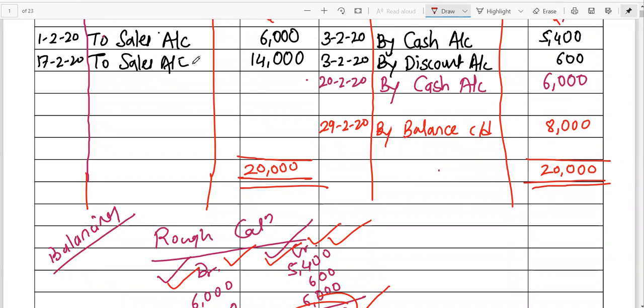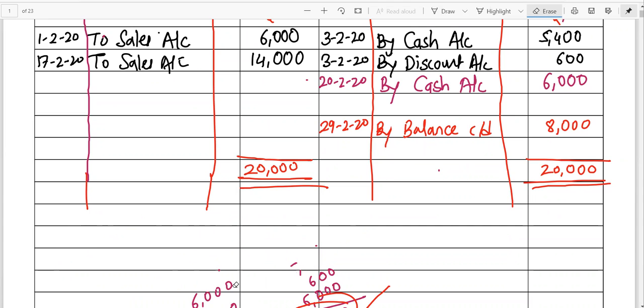Now, please concentrate. I am erasing this rough calculation so that we will continue this solution.